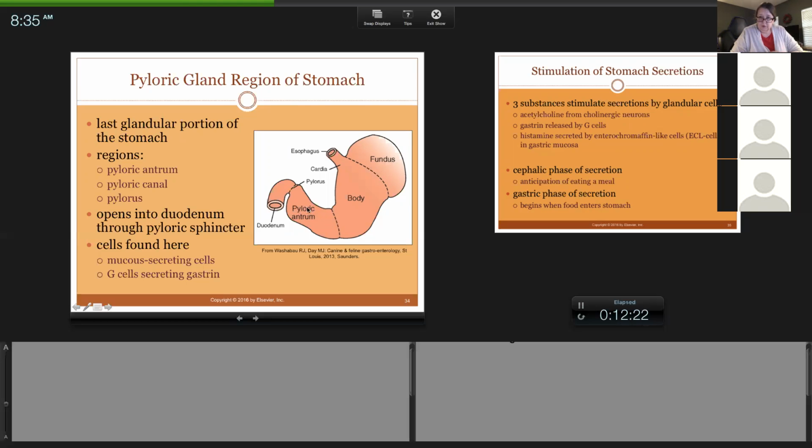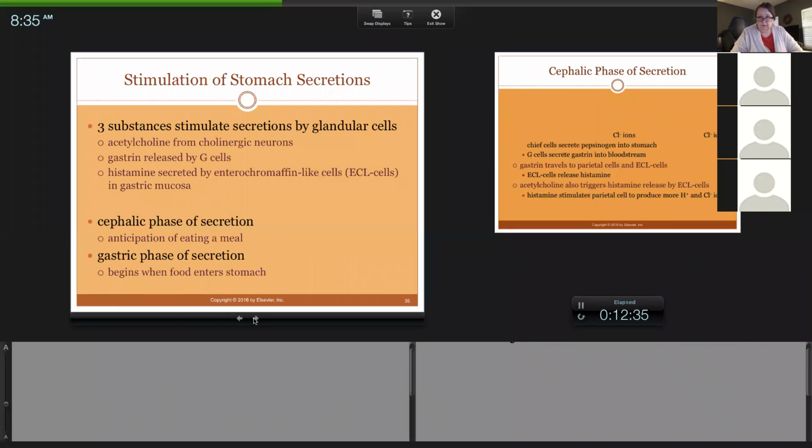As chyme starts to move through the pylorus, there are cells right here, mucus cells and G cells secreting gastrin. What is the purpose of those cells? They are more stomach secretions needed for digestion of the food.